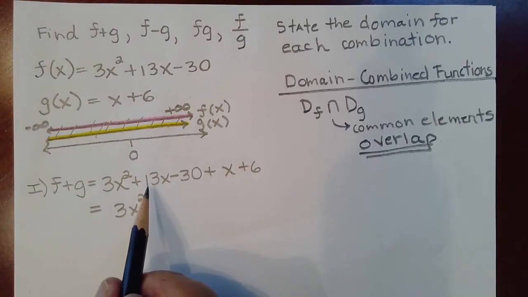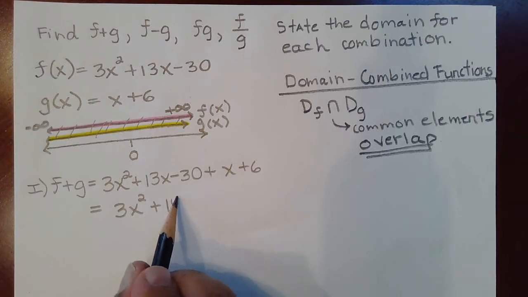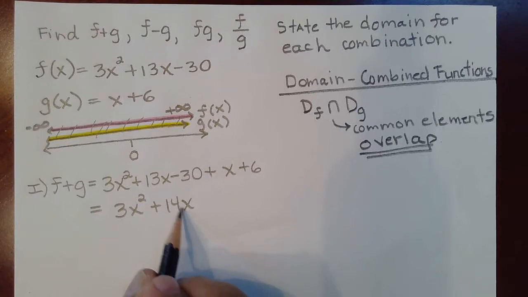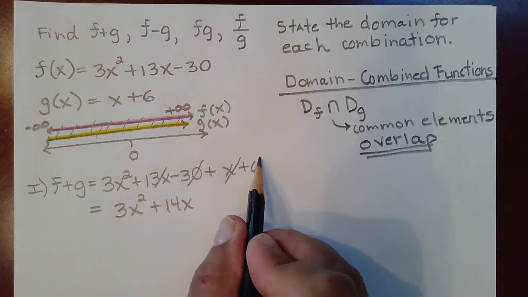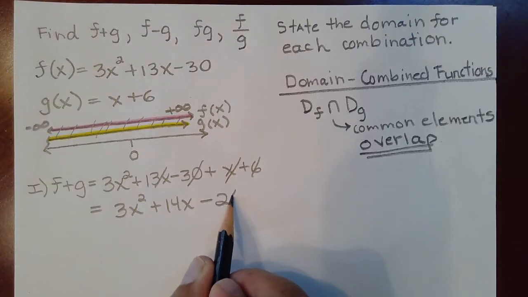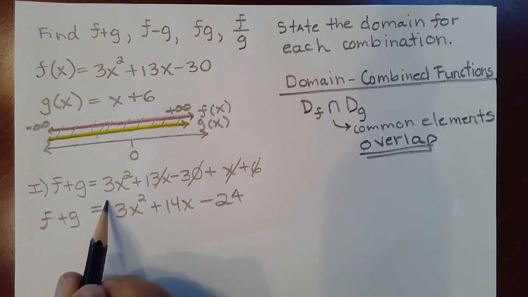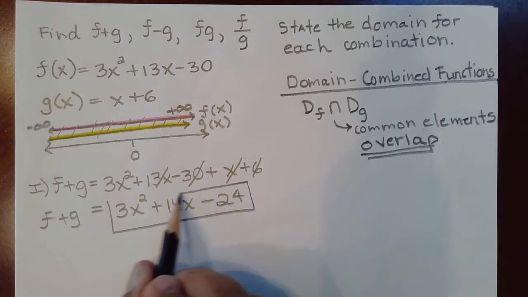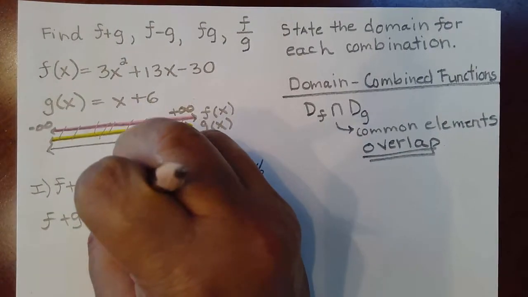You have two linear terms, a 13x and a positive 1x. So combined together, that's 14x. And then for your constants, you have negative 30 and positive 6. When you combine those, you get negative 24. So this represents the sum in the most simplified form that you can possibly give it.